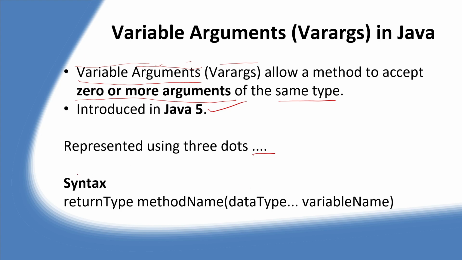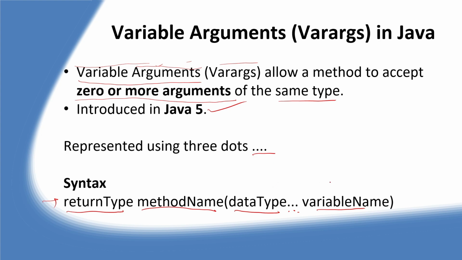Here is the syntax you can see. While defining a method, we write the return type, method name, and the data type. After the data type we need to add 3 dots, 1, 2, 3, and then the variable name. So this is variable arguments.